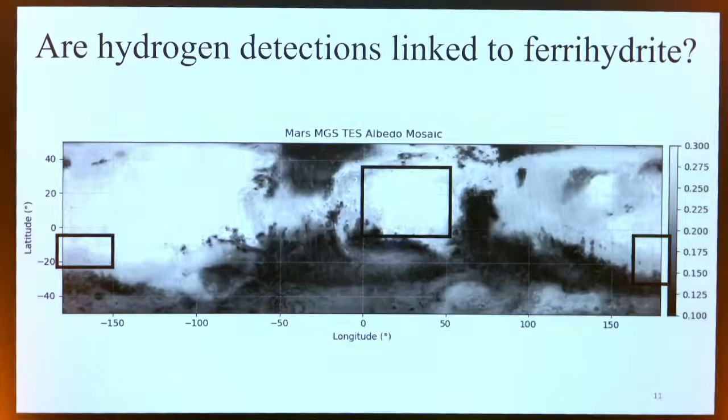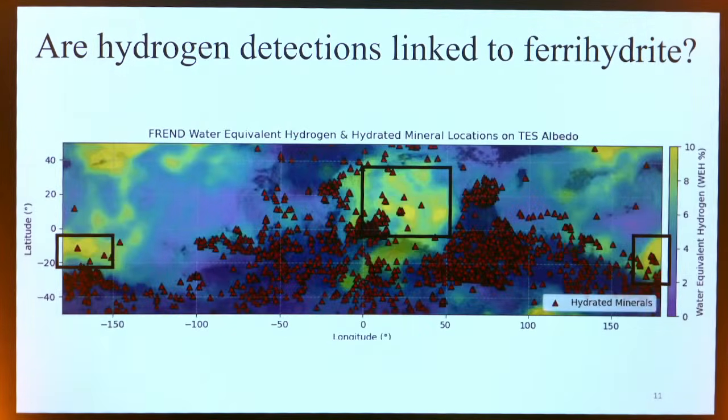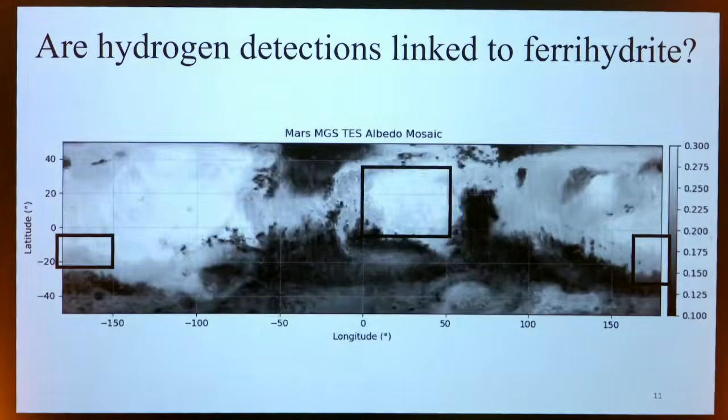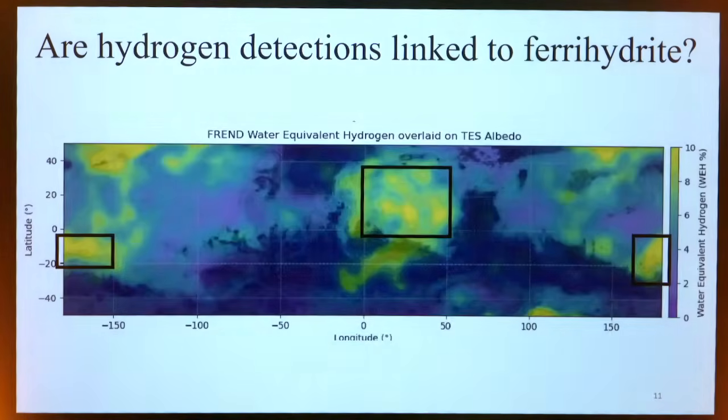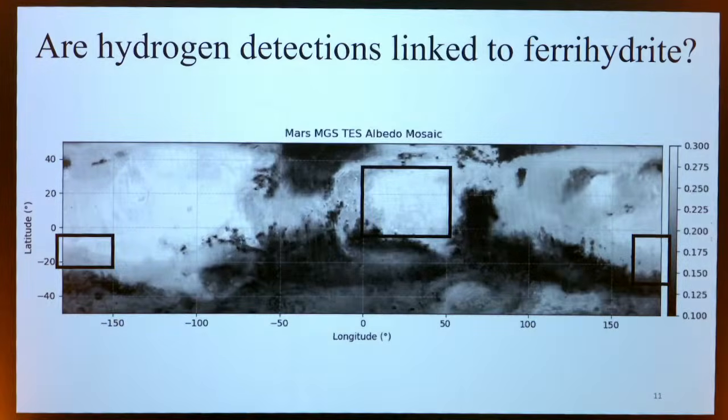And here I'm just showing you that these regions shown in black boxes, this is where the Medusae Fossae Formation is. So on the left and the right side, the center is Arabia Terra, which also includes an elevated hydrogen signal.